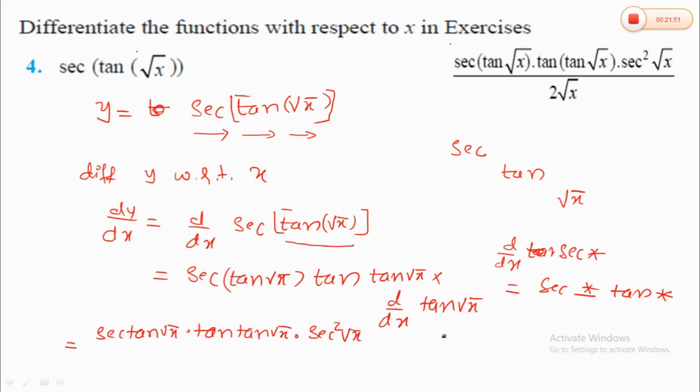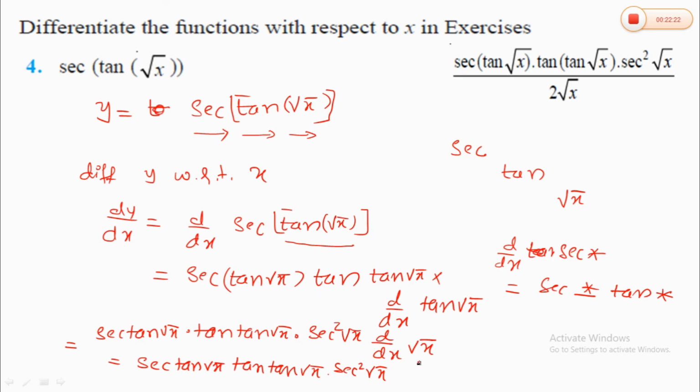Now we differentiated the tan function, then the remaining function, d/dx of root x. So this equals sec of tan root x, tan of tan root x, into sec square root x.